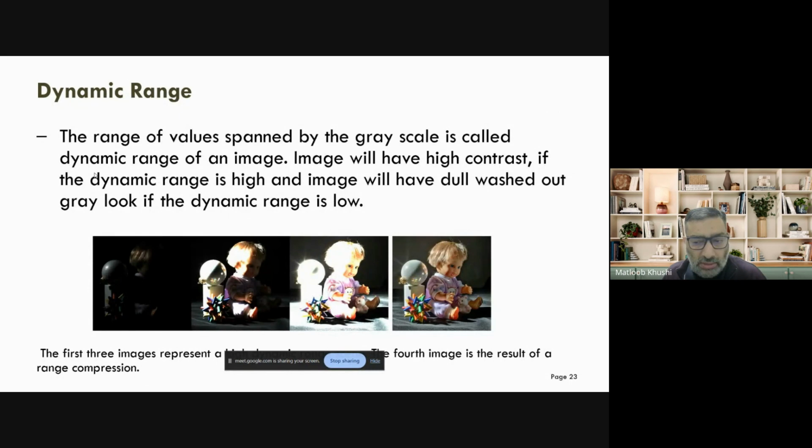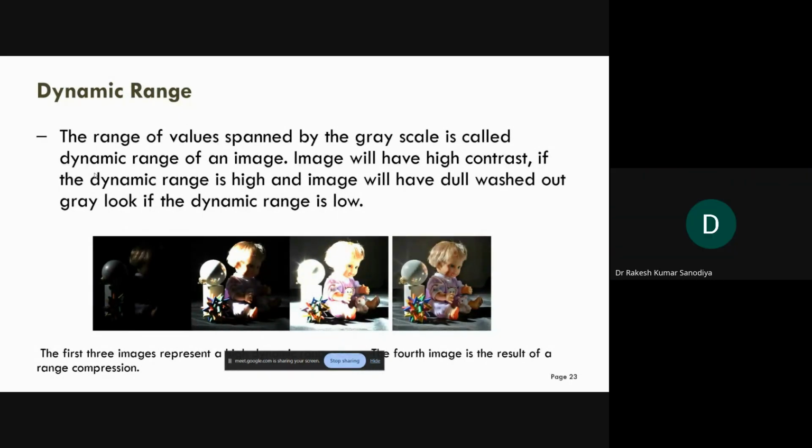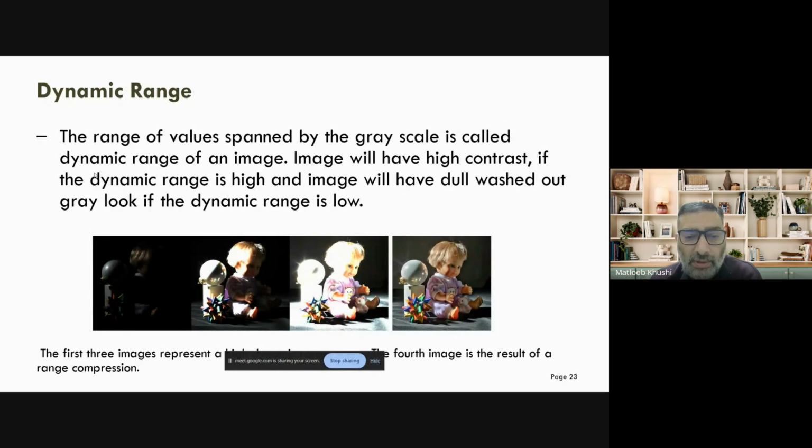So another thing that you usually come across is adjusting your dynamic range. So the range of your pixels in your images. Look at these images, on the far left, we can hardly see what's happening here.